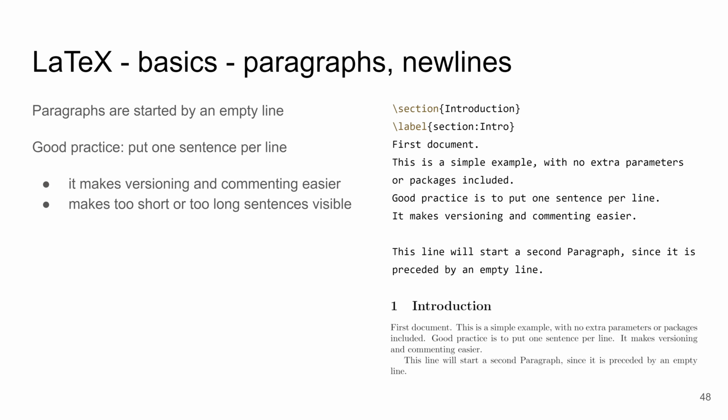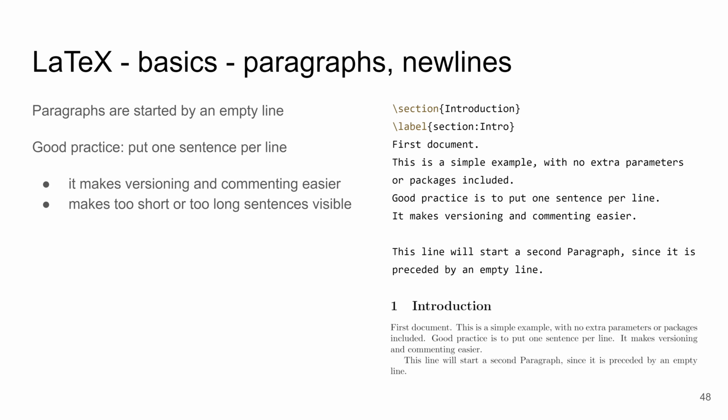Now, there are two options of writing a paragraph. Either you write the whole paragraph as one line of text, which is what people sometimes do, but I do not recommend that. I very much recommend, and it is a good practice, to put each sentence on a separate line. And there are reasons for that.